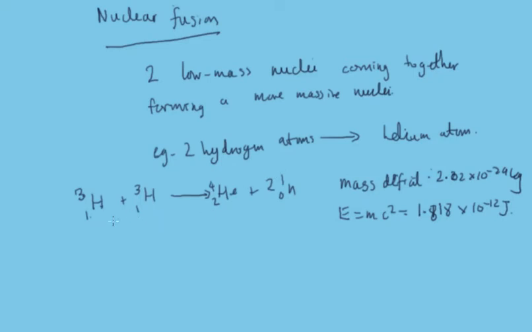The other thing with fusion is you don't get the nasty waste products that you get with fission. When you have the fission reaction, you're ending up with large quantities of radioactive nuclear waste. When you do nuclear fusion, you get helium and some neutrons.